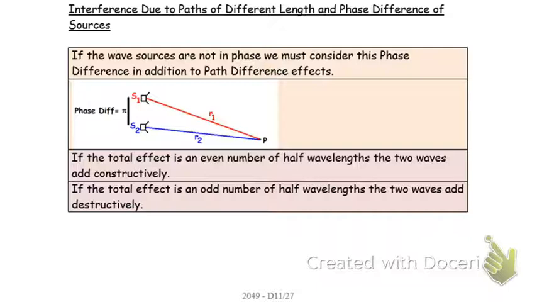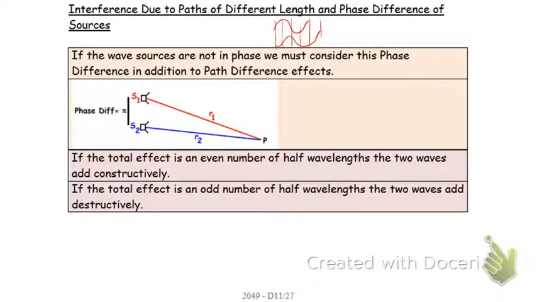If the wave sources are not in phase, we must consider the phase difference in addition to the path difference effect. So I could have one wave like that, and the other wave could be like that, so that they don't line up really well.